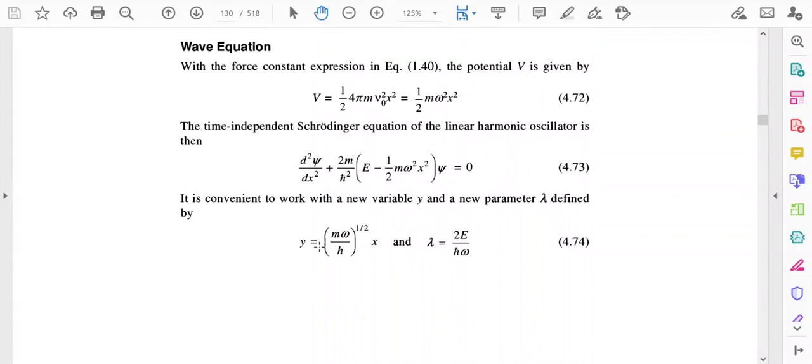Now we will define two parameters. The first parameter is y is equal to root over m omega by h cut into x, and lambda is equal to 2E by h cut omega.